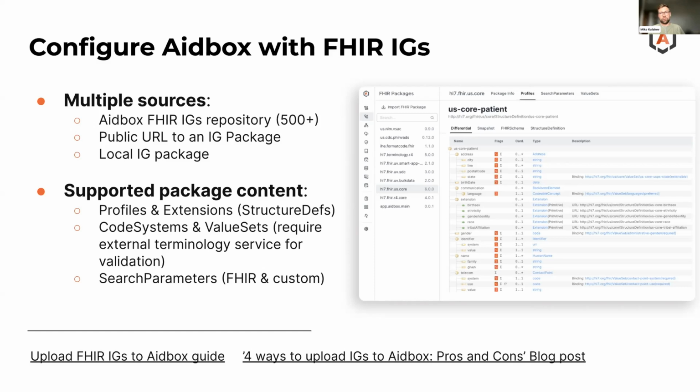So if you want to post a custom profile in Aidbox that was authored and delivered as a structure definition, you can easily do it. As I also mentioned, code systems and value sets and search parameters. We don't provide any mechanisms to load example data, but there are initiatives in the FHIR ecosystem and utilities to do it. So you can just use these utilities to pull the data.